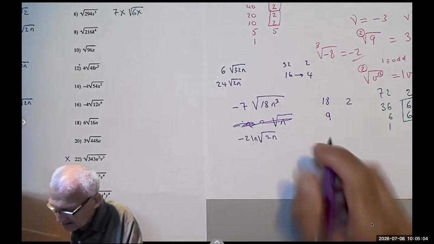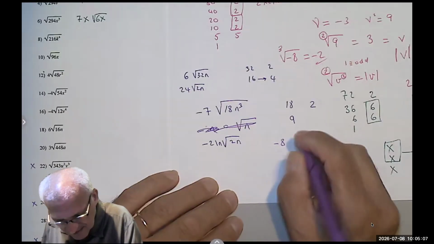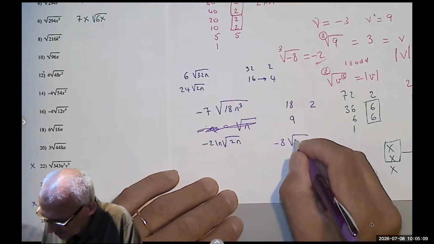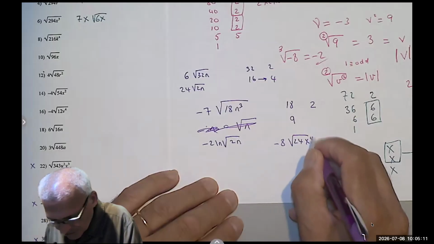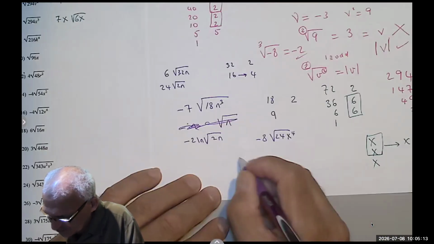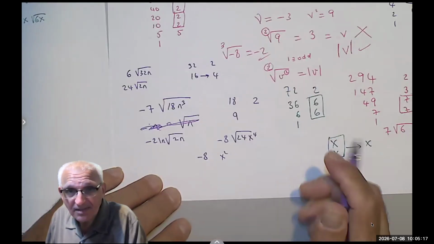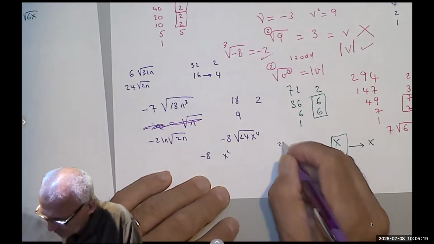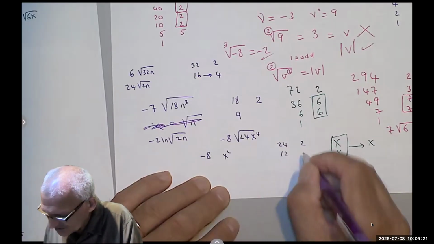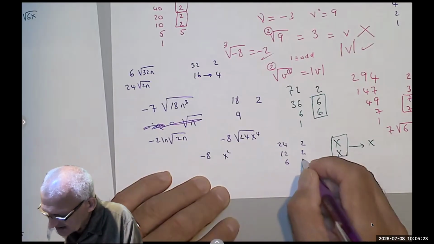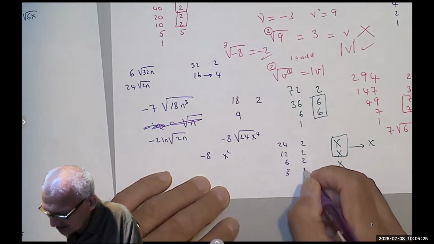19. I have negative 8 square root of 24x to the 4. X to the 4 will come out as x squared, right? So I don't have to worry about that. I worry about the 24, which is even, 12, which is even, 6, which is even, 3.